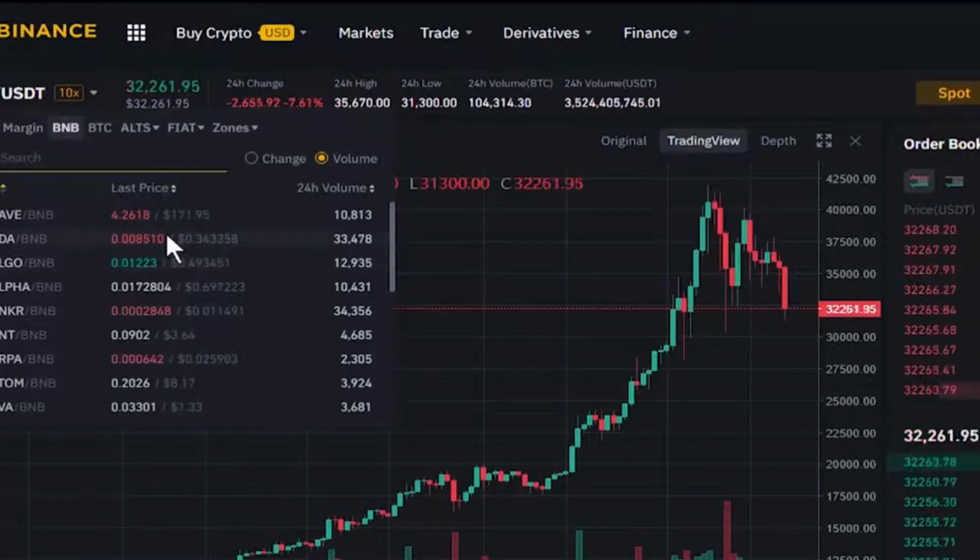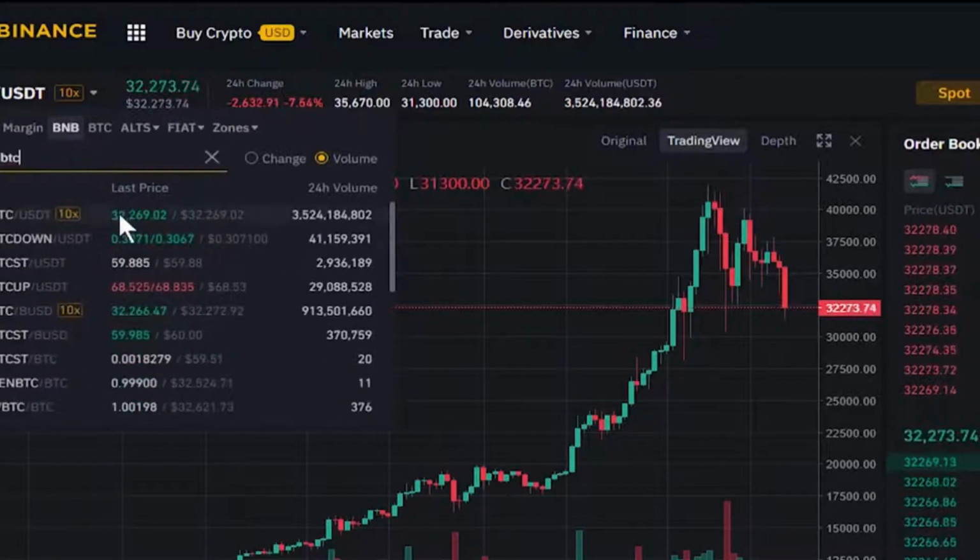For example, for Bitcoin, we search here BTC, and here, as you can see, for BTC to USDT, we have a volume of more than $3 billion for the past 24 hours. But for BUSD, for example, as you can see, the 24 hours volume is something like $900 million.